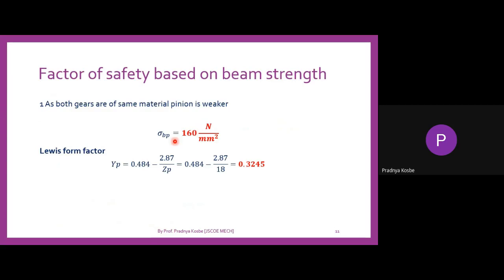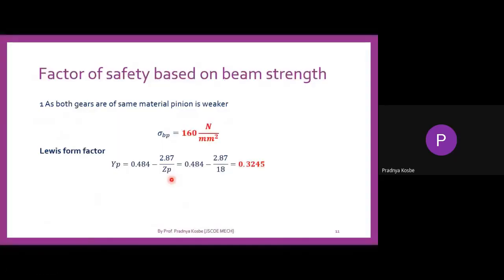Sigma B is already given, it is 160 Newton per mm square, and Lewis form factor for a pinion is YP equal to 0.484 minus 2.87 divided by ZP. ZP is 18. Put this value in the equation, you will get YP equal to 0.3245.